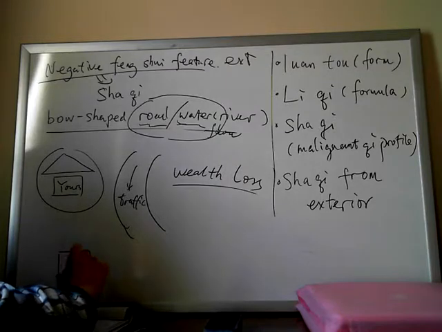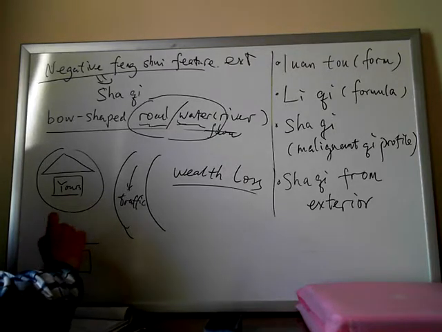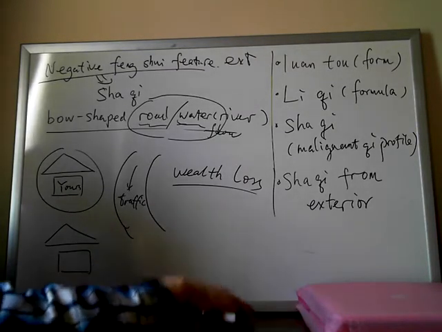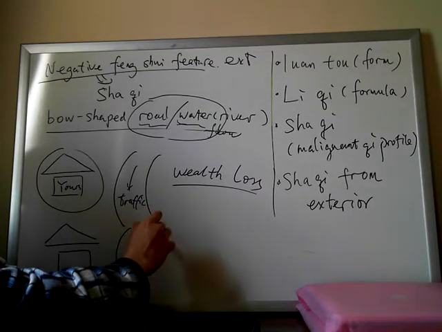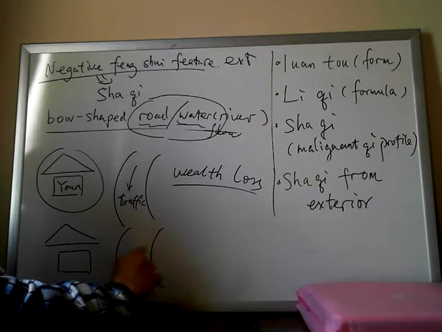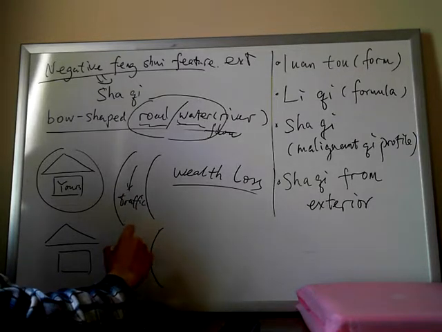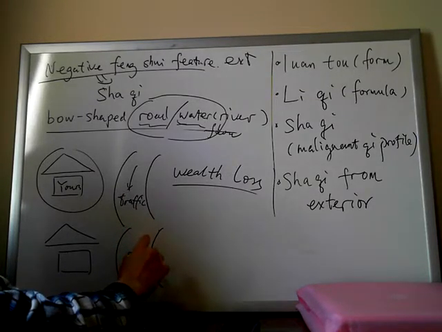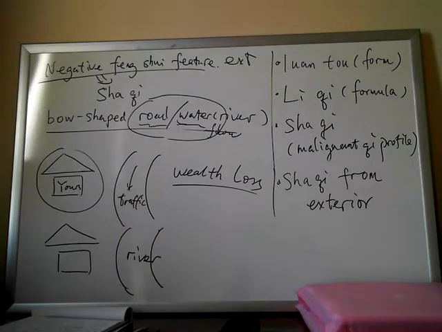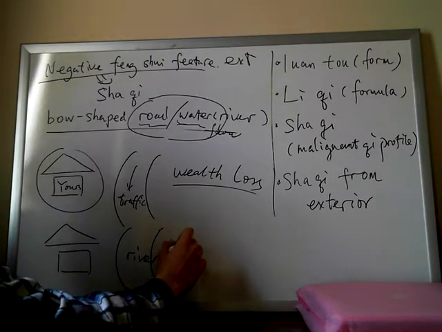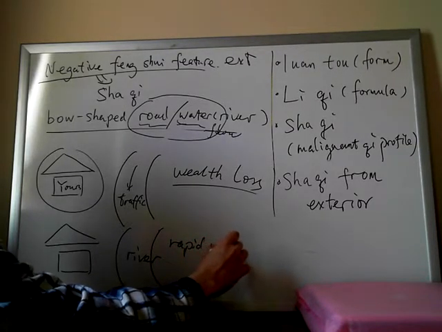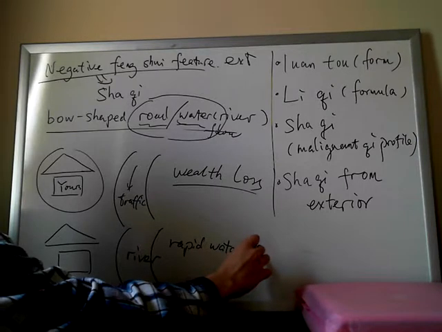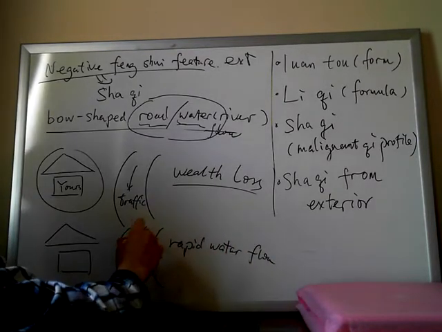Let's say this is your house, and you see there is a bowl-shaped river near you. Especially, let's say the water flow is rapid. Okay, water from here.